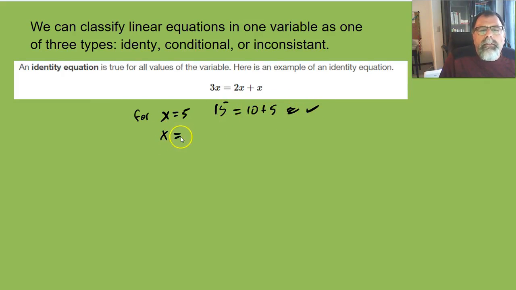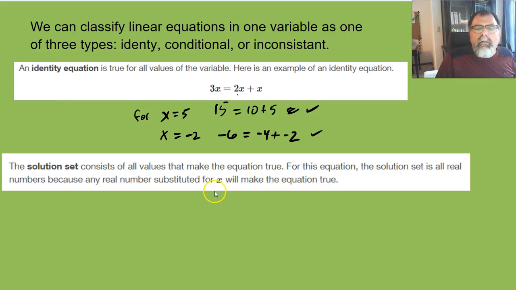If x is, say, -2, you would get 3 times -2 is -6, and 2 times -2 is -4 plus -2, so -6 equals -6. True. So you can see that no matter what you choose for x, both sides will always be the same. So the solution set is the set of all real numbers.